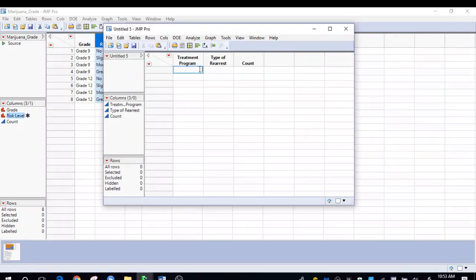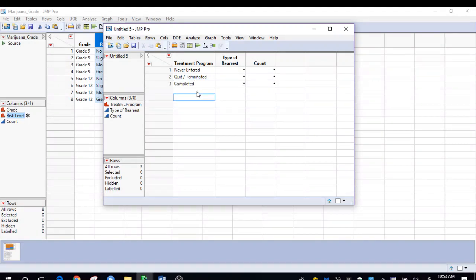My levels for the treatment program are never entered, quit or terminated, and completed. Then I'm going to have those for the sex arrest.